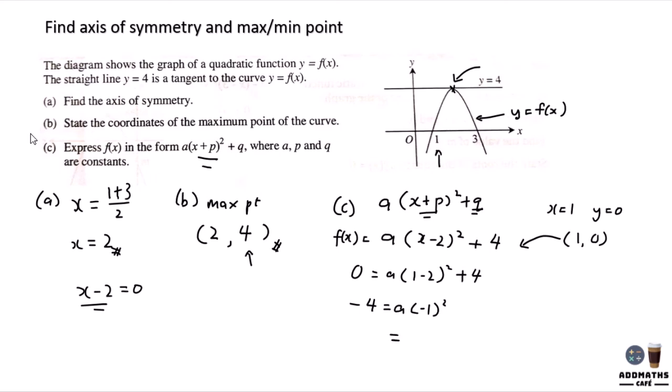I'm getting a equal to negative 4. So a will be equal to negative 4. I sub back into the original function. You will get f(x) equal to negative 4(x minus 2) squared plus 4. So this will be your final answer.